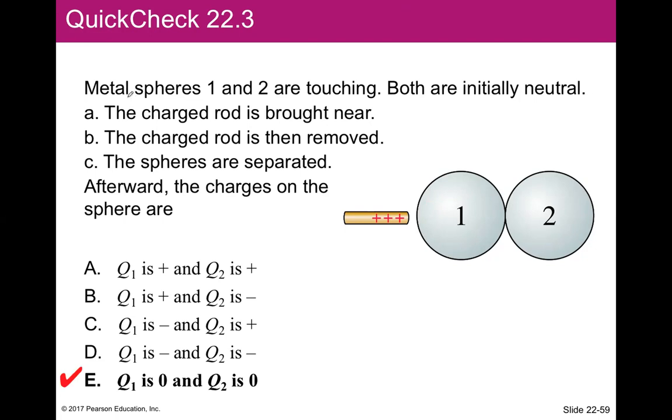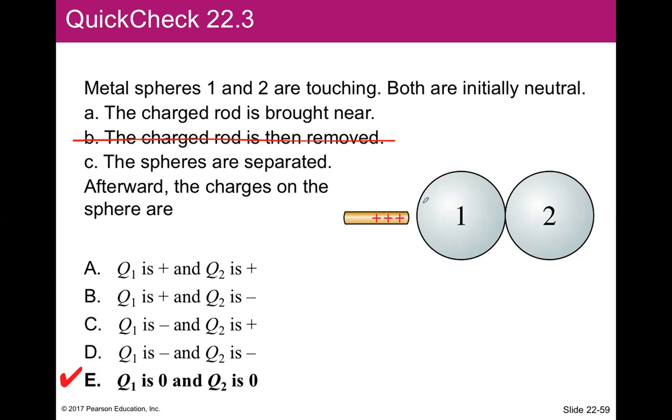Let me see. Oh, so there's a step B. Okay, there's one more step.